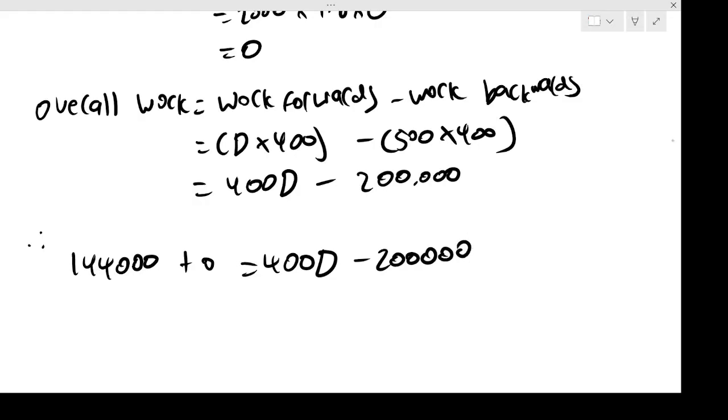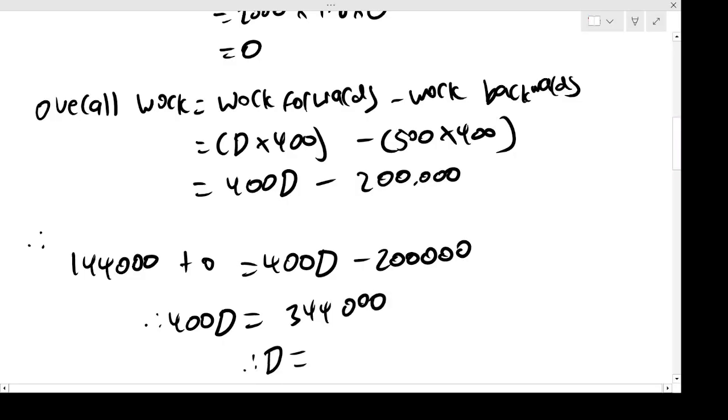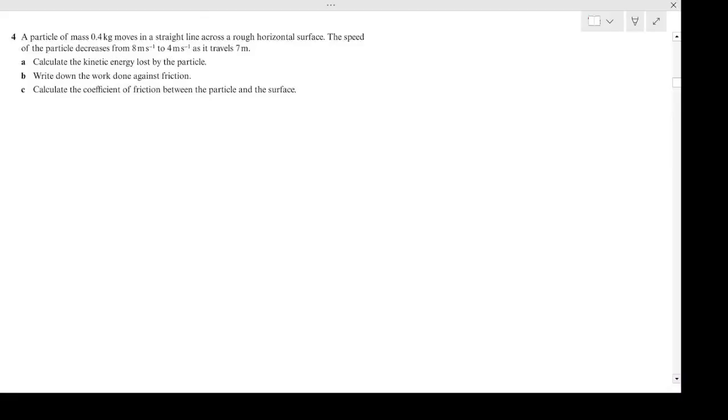Then you can see I can work out D quite nicely if I just solve this equation. So I'm going to get 400D to be 344,000. Then I divide by 400 to get my driving force D to be 860 newtons.